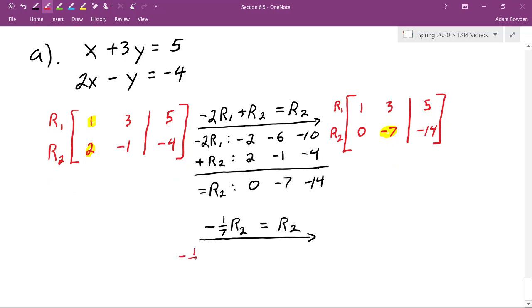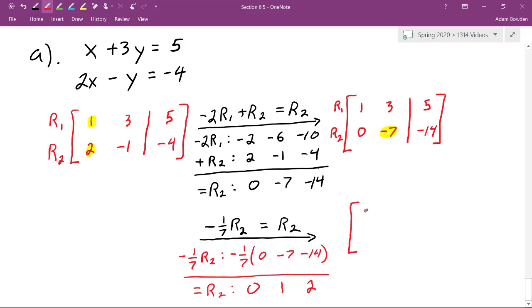So if I take negative 1/7 and multiply that by all the numbers in row 2, it would look like negative 1/7 times 0, negative 7, negative 14. That's going to be equal to my new row 2, which would go 0, positive 1, positive 2. So now my matrix would have 1, 3, and 5 in the first row, and then row 2 would look like 0, 1, and 2.